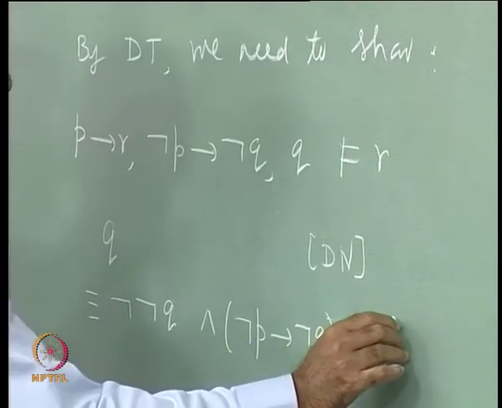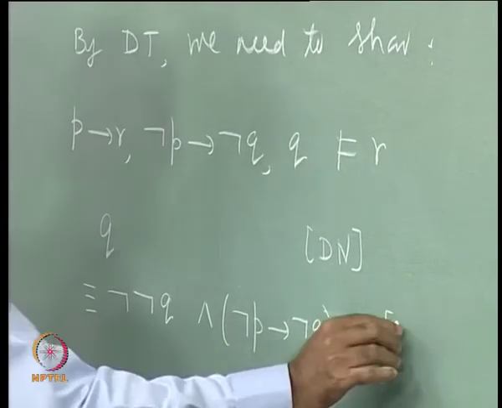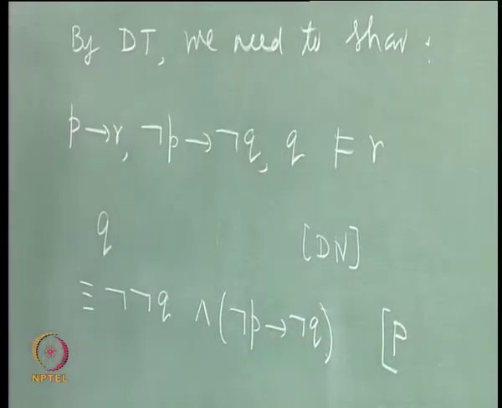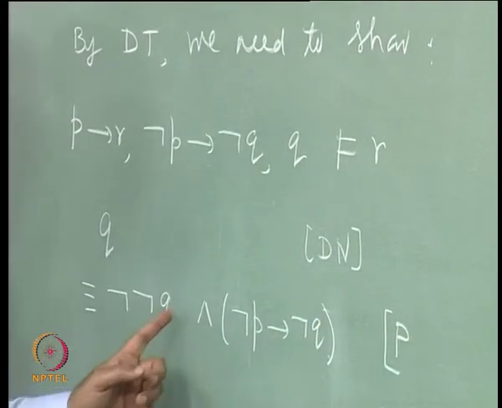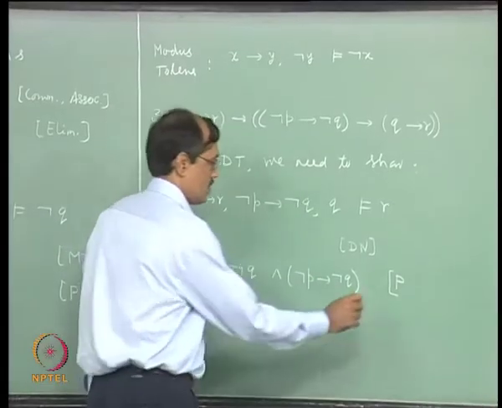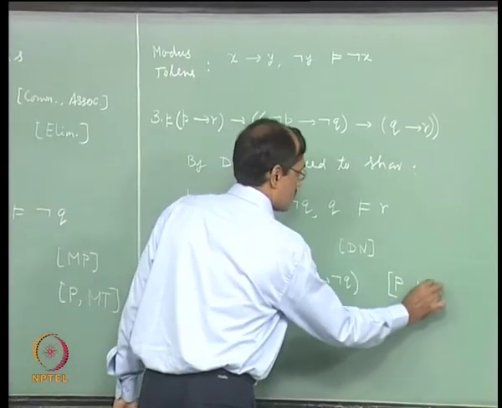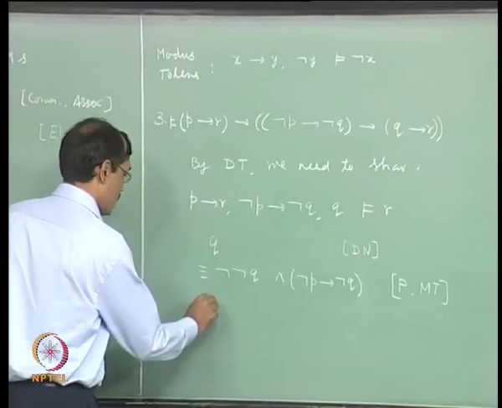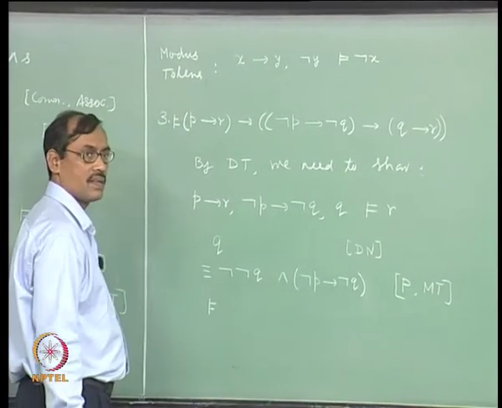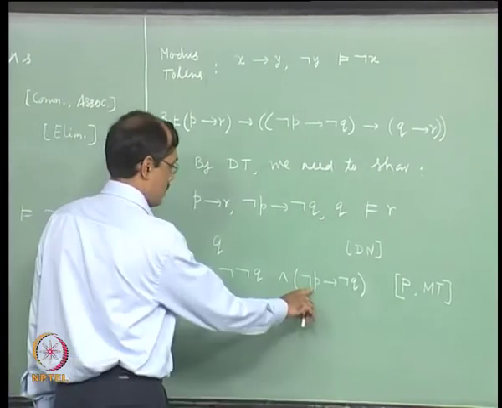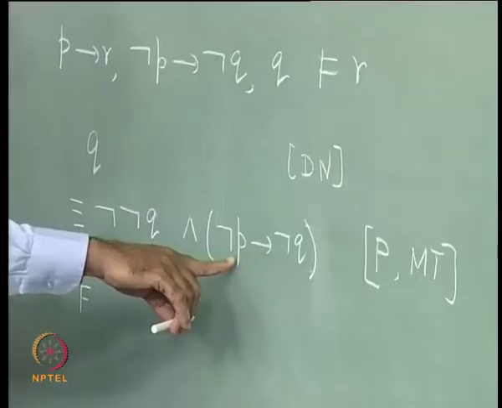So, the justification is adding a premise, and then for the next step I want to use modus tollens. So, let me write modus tollens. So, that gives entailment. What does it give?